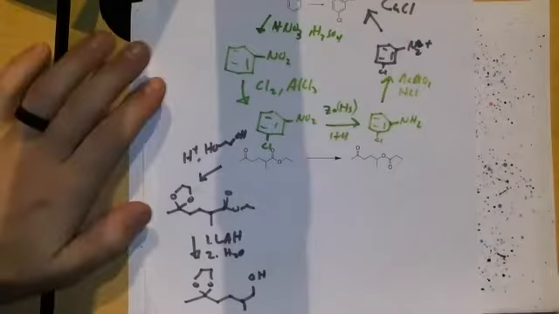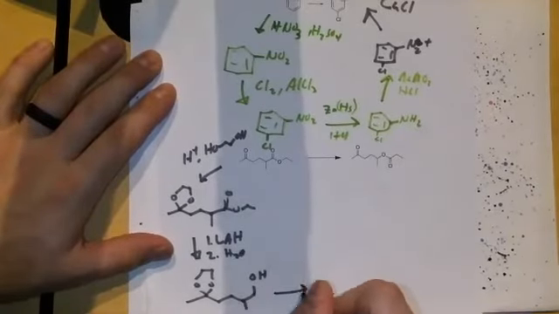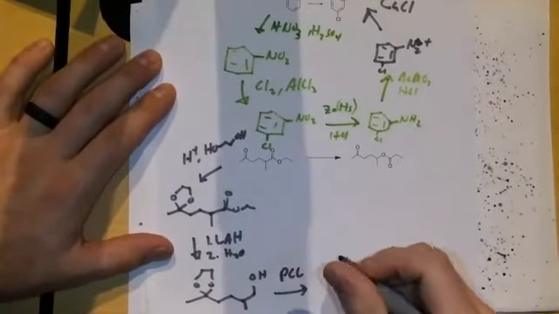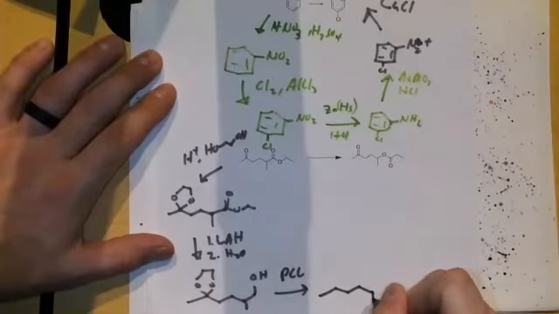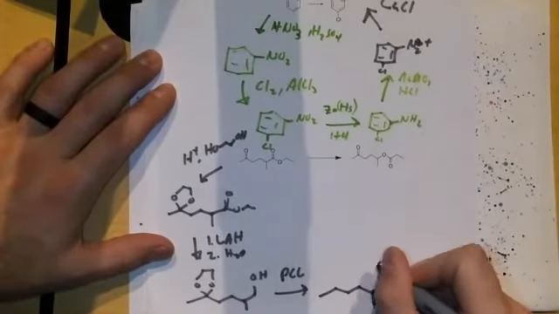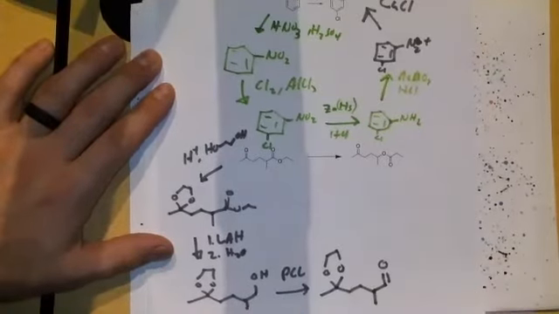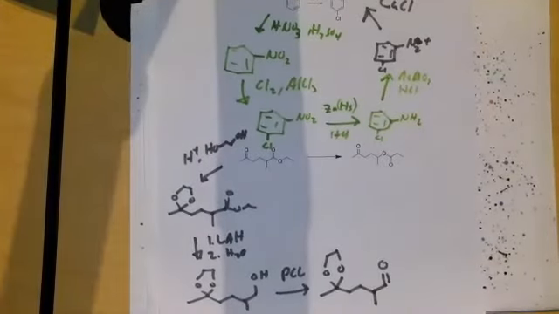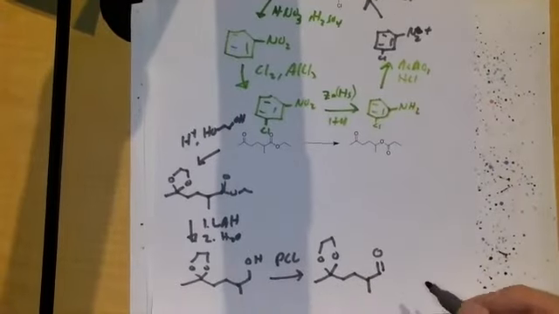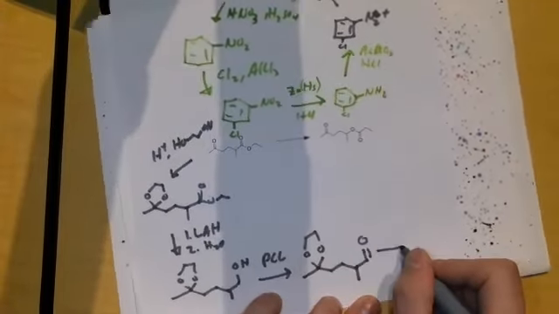We want an ethyl group on here, so throwing in PCC, followed by a Grignard to give us that ethyl.